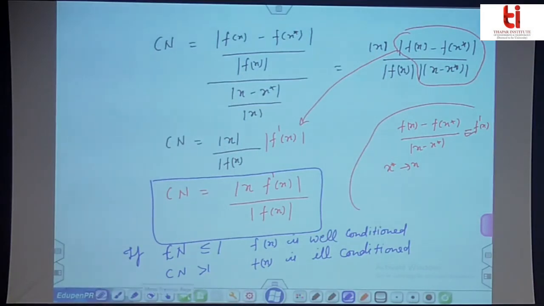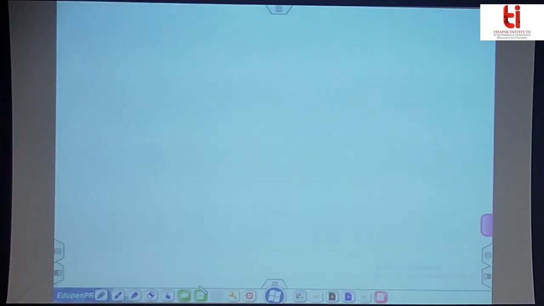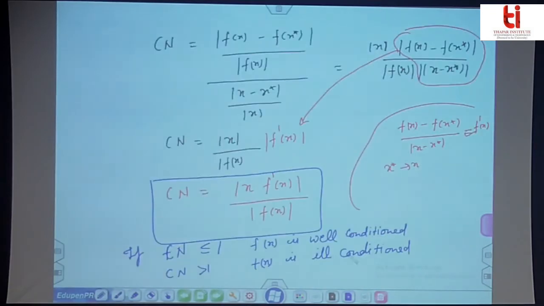So if the condition number is less than or equal to 1, then the function is well conditioned. It is not very sensitive toward the change in x. If Cn is greater than 1, then the function f(x) is ill conditioned. That means a small change in x can produce a large change in f(x). So f(x) is very, very sensitive toward the input of x.